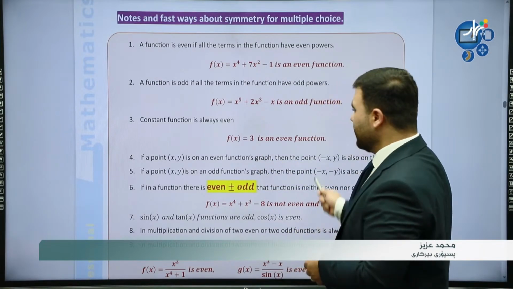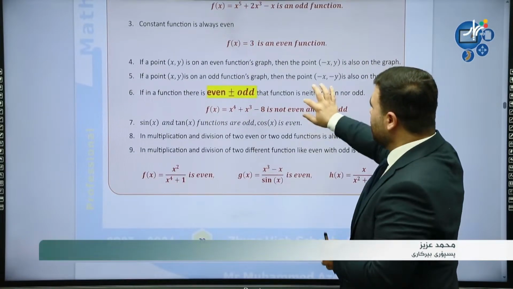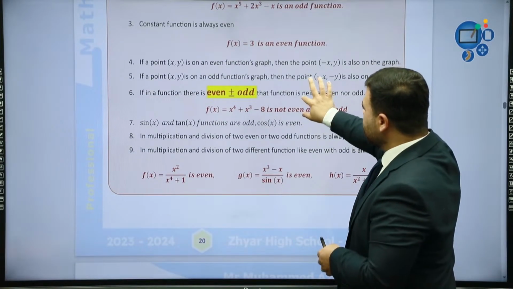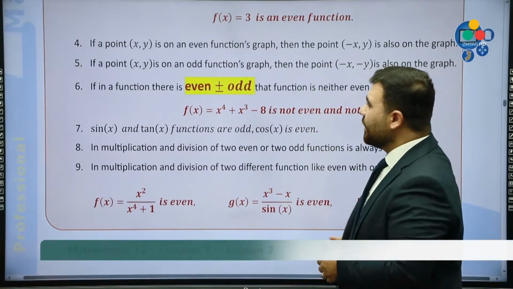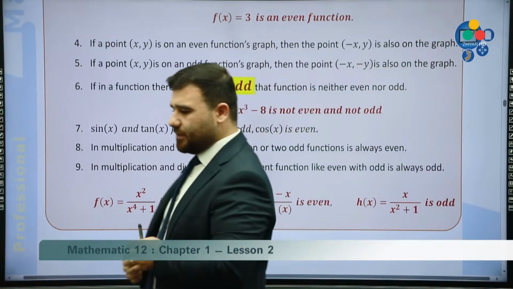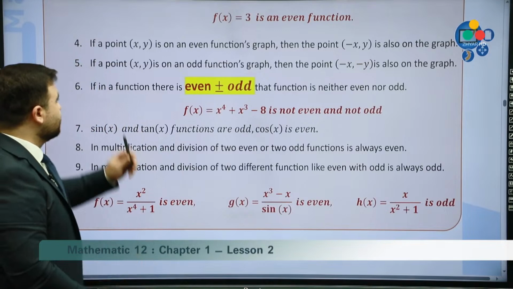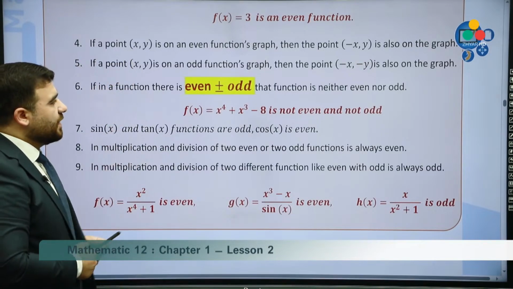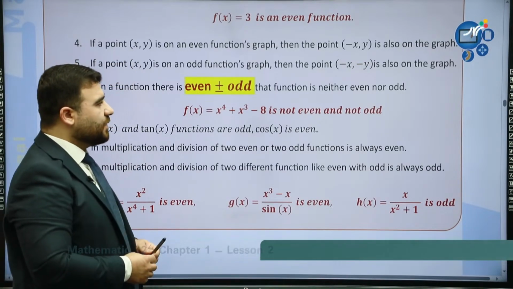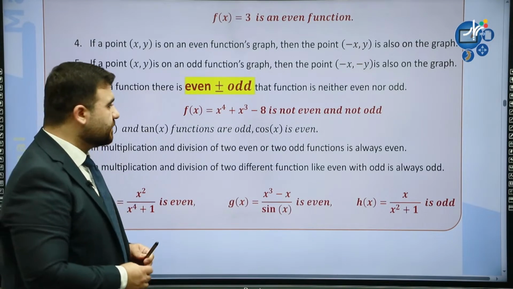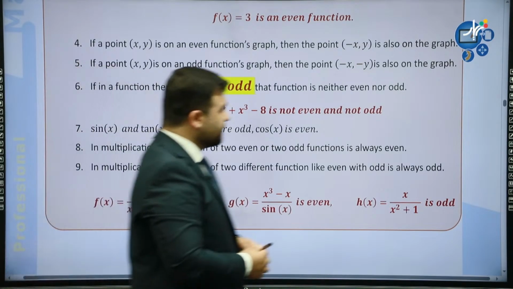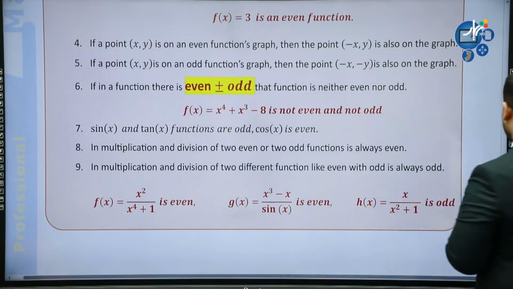There's another thing about even and odd functions. If a point (x, y) is on the graph of an even function, then the point (negative x, y) is also on the graph. Let's explain this. I'm going to draw a little graph here.